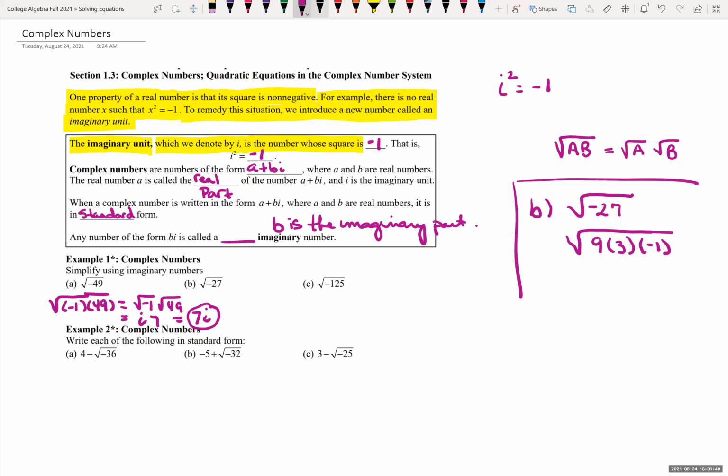So if we look at the square root of 9, that's 3, so I can pull that out. The square root of -1 is i. And then there's no whole number that I can square to get back 3. So root 3. So the square root of negative 27 is the same thing as 3i root 3.